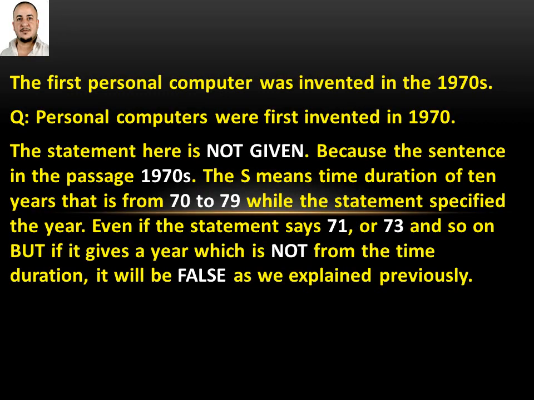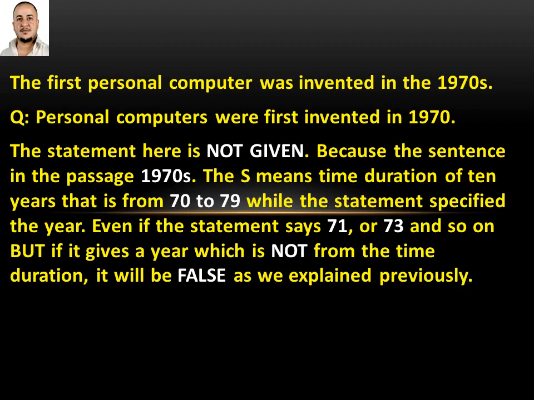Okay, now let us take another example here, which is something totally different. It's also not given. The first personal computer was invented in the 1970s. Personal computers were first invented in 1970. The statement here is not given, because the sentence in the passage says 1970s.